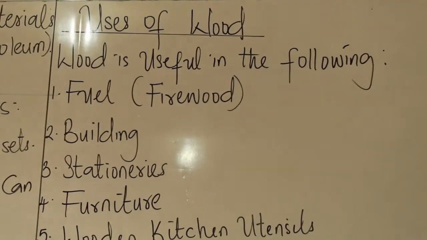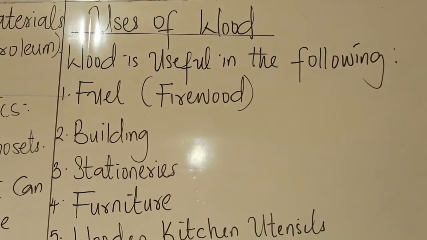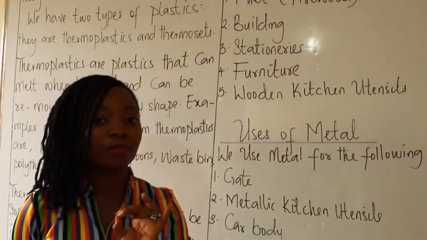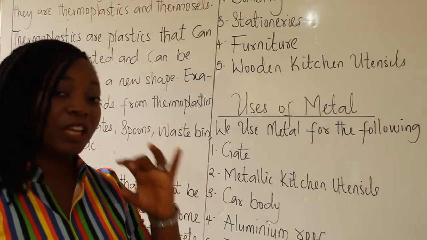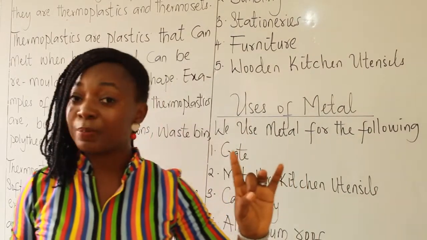Wood is useful in the following. Number one, we have fuel. Fuel is any substance that can burn in air and produce heat. Unlike what some persons think, the liquid that is put into the generator is not called fuel as most persons call it.